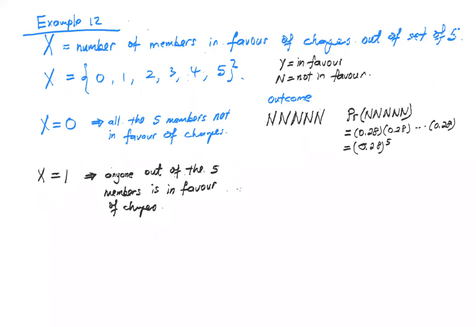So it can be the first one in favor, the other four are not. Or it can be the second one in favor only. Or do you think of how many ways of doing this? Are you listing down?